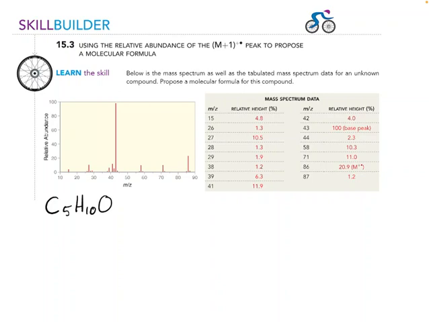So let's draw out all of the possible molecules or structures for C5H10O with a ring or a double bond. So the only real ring structure we could have is this epoxide that I drew. Let's see, let's look at some other possibilities.